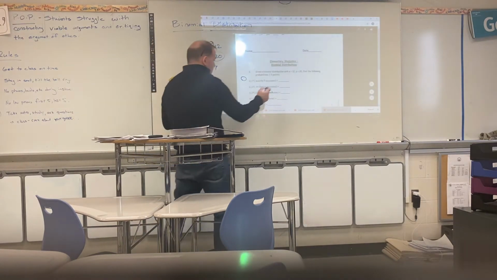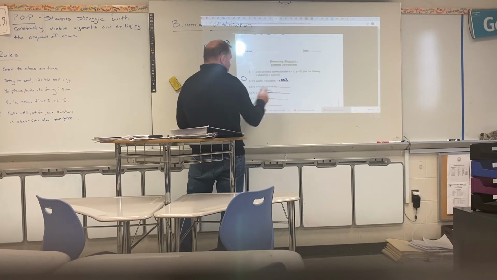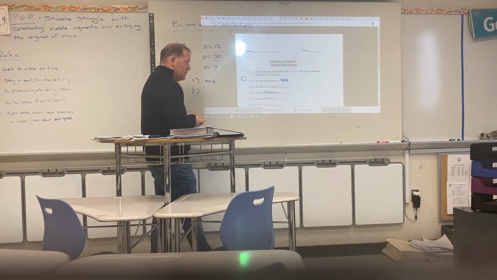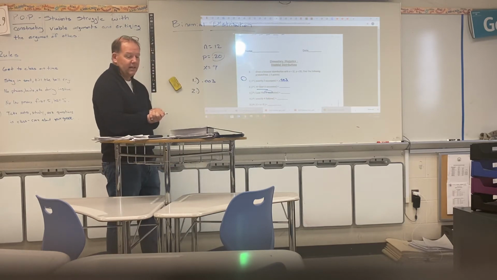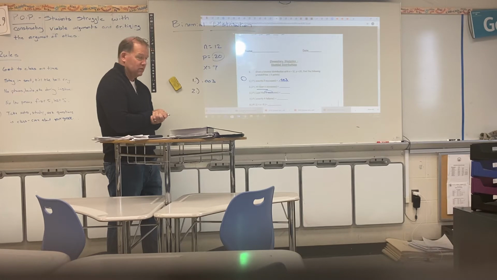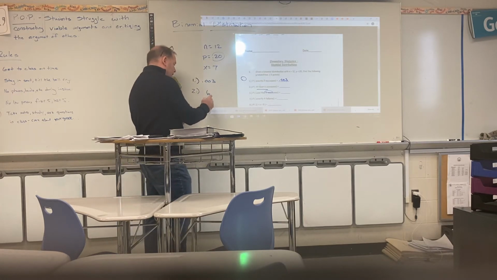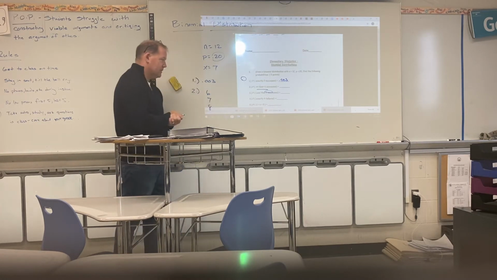In example number 2, we're saying the probability of at least 6. The word at least means greater than or equal to. So we're going to look up values that are larger than 6.